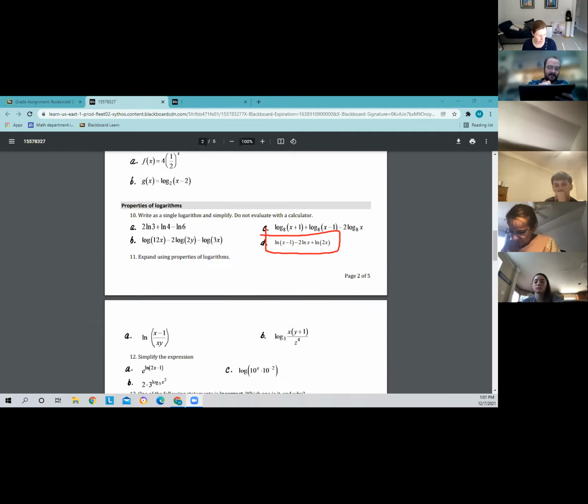What's the first thing y'all did here? Dividing the first part. You can divide that... Wait, I moved it to minus 2. But yeah, I think you need to move that minus 2 first. So minus 2 ln of x.